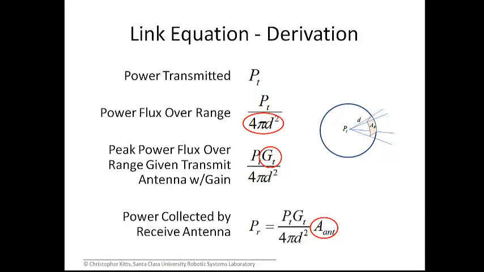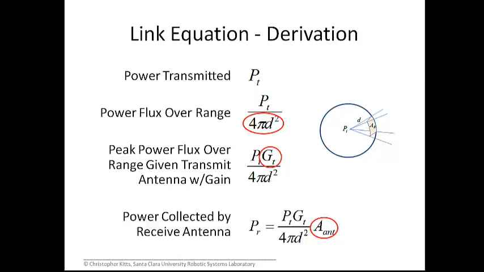And then in the last line on this particular slide, I say, well, I'm going to have an antenna with some sort of effective area, and it's going to receive some portion of the surface area of this beam. And so for now, we'll put in a placeholder of the effective area of the receive antenna.